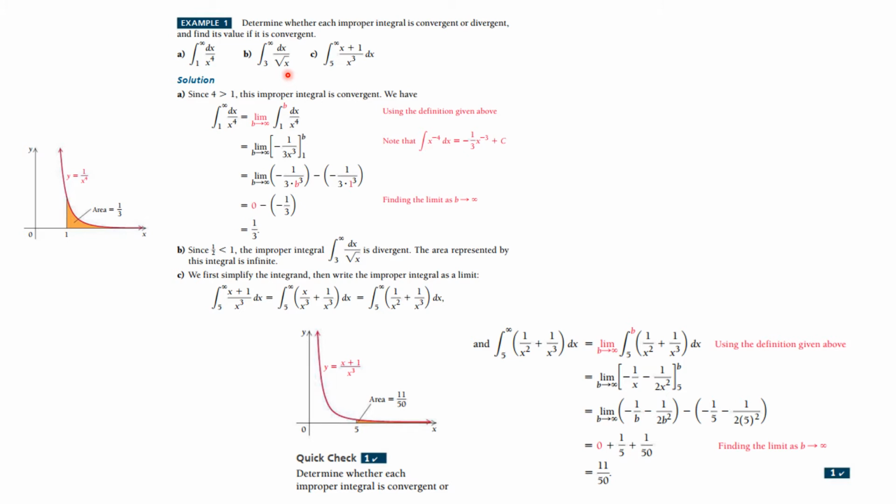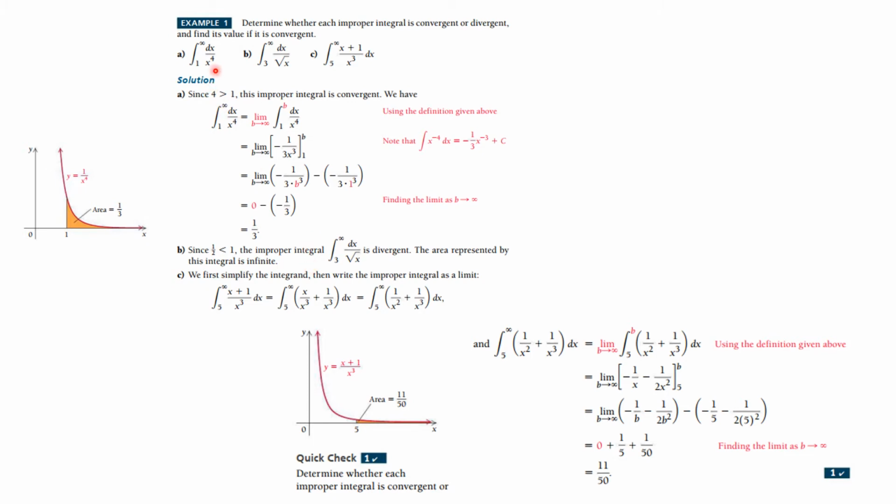So this is going to be divergent by that remark I just made, because 1/2 is less than or equal to 1. We see that it's divergent down here since 1/2 is less than 1. That area represented is infinite.